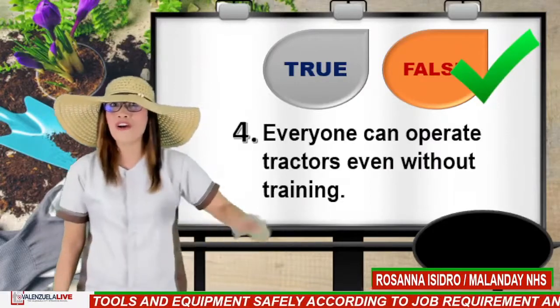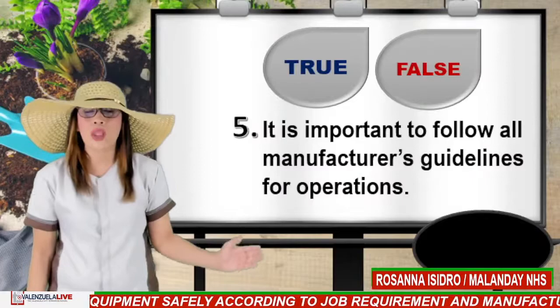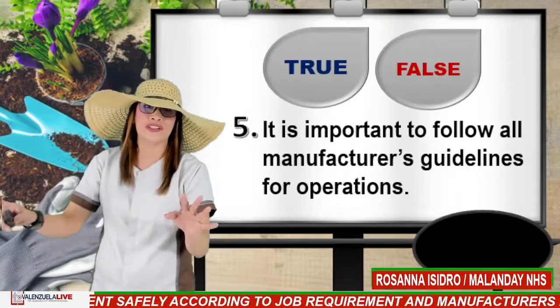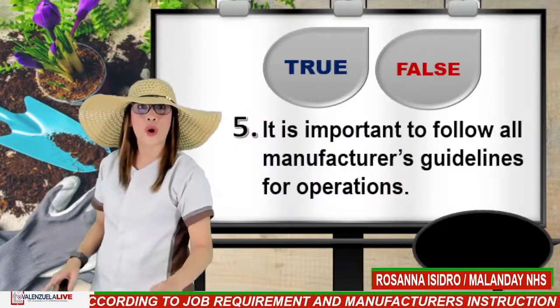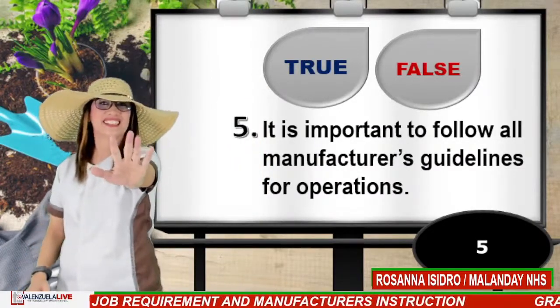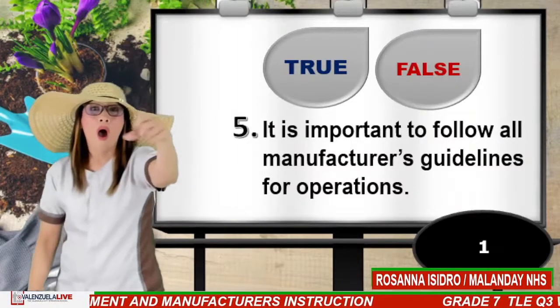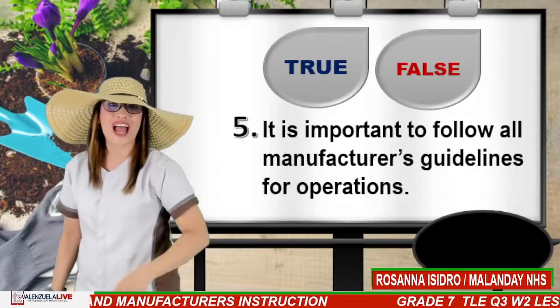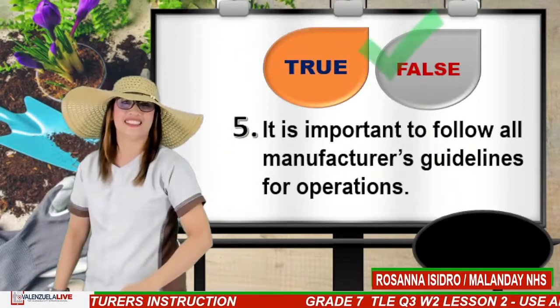Last, number 5. It is important to follow all manufacturers' guidelines for operations. True or false? Your time starts now. 5, 4, 3, 2, 1. All right, if your answer is true, perfect.